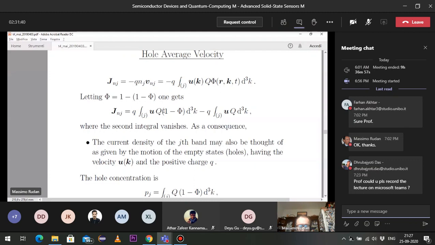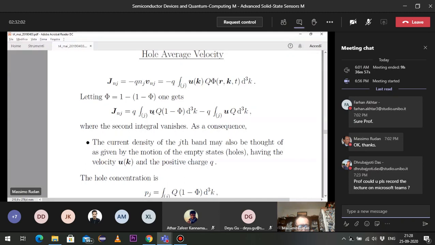So we are considering an average velocity of the empty states, but we multiply it by Q, not minus Q, because in the manipulation we have a minus and this minus cancels the other minus. So we are expressing the same current as before.